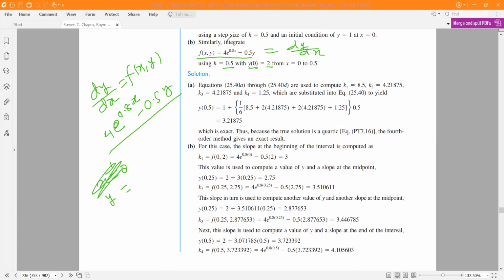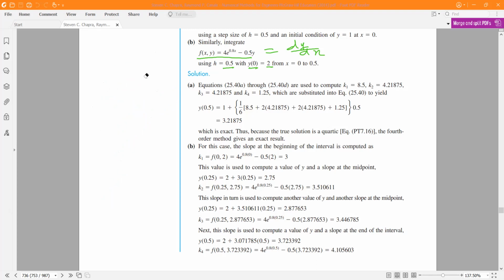What will be the values of the 4 slopes? K1 equal to what? K1 should be calculated at which point? At the initial point, isn't it? It equals 0. K1 should be calculated using the beginning point of a step. So your K1 is equal to f of xi, yi.